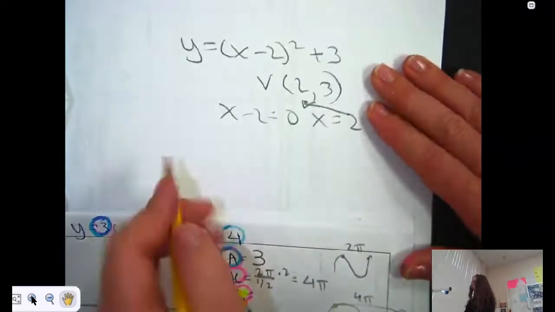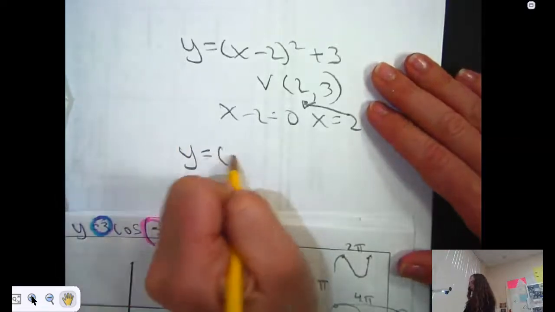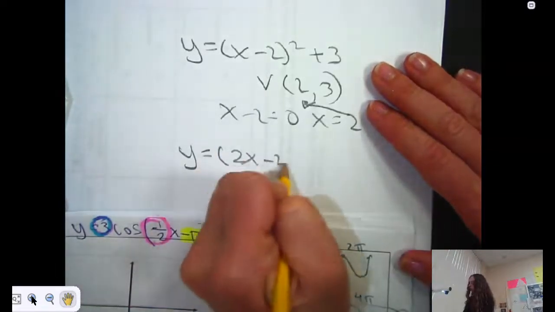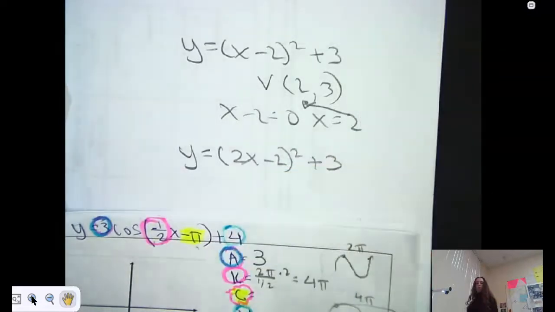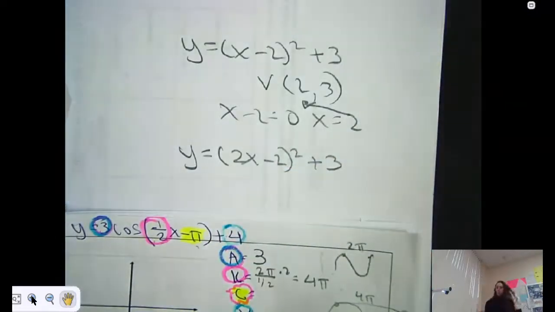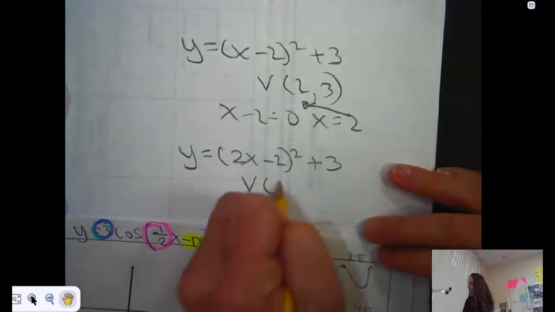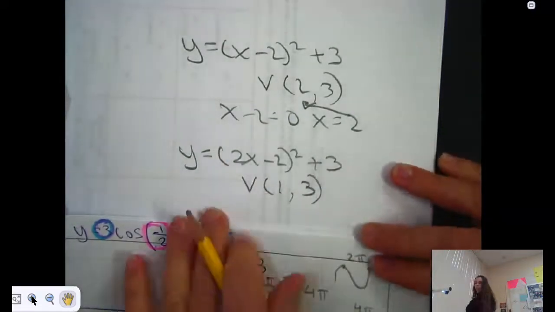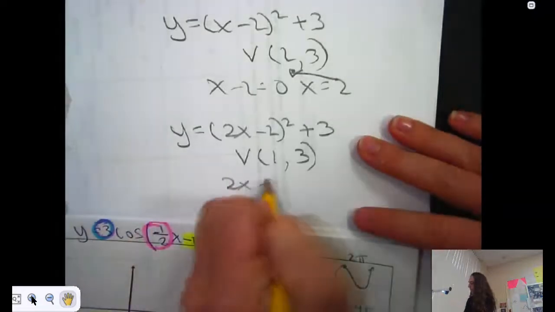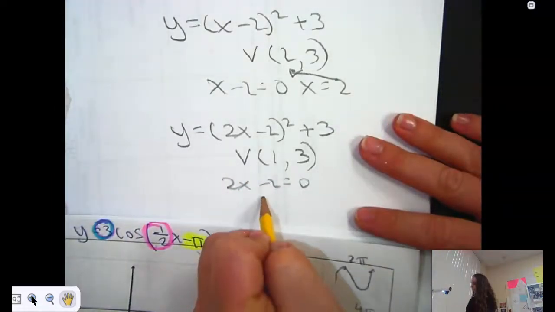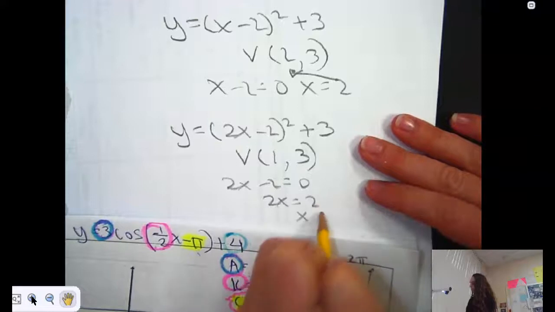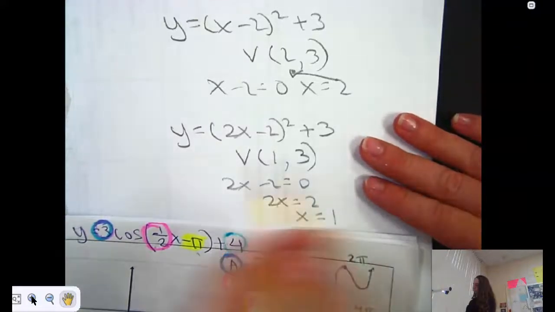But what if, and I didn't have a chance to go over this, what if I give you this? Is my vertex still 2, 3? No. If you graphed it on Desmos, it would actually be 1, 3. Why? Because 2x minus 2 is 0. Add 2, divide by 2, x equals 1.